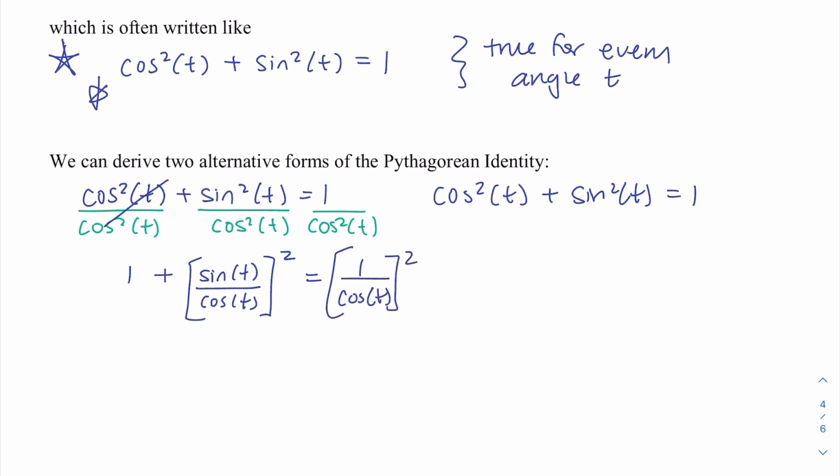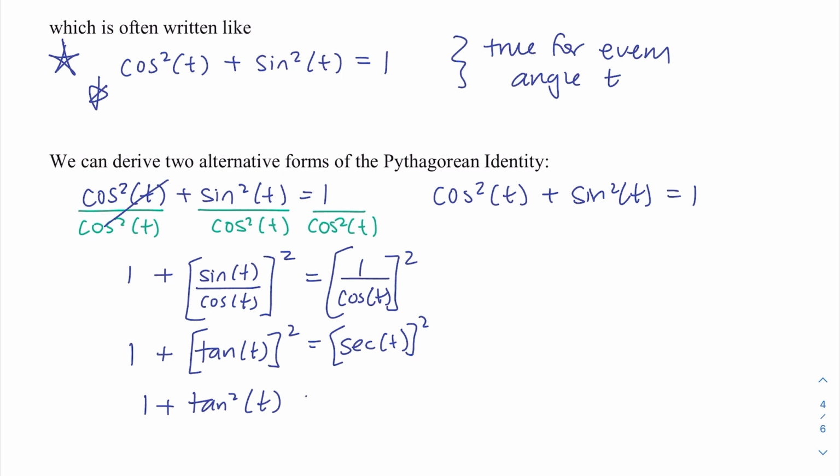So this is 1 plus what's inside here, which I recognize as tan t. That's where our reciprocal and quotient identities come back. And this is just secant of t all squared. Now, we want to write this in a cleaner way. So 1 plus tan squared t equals secant squared t.